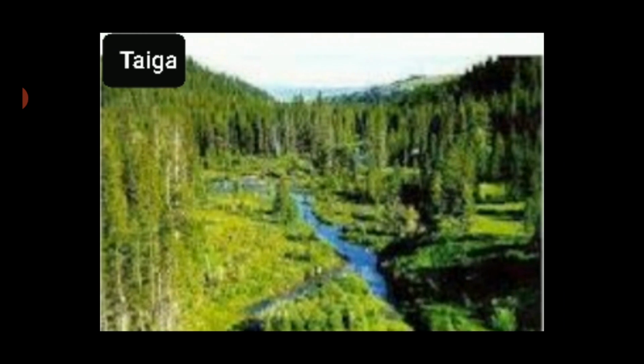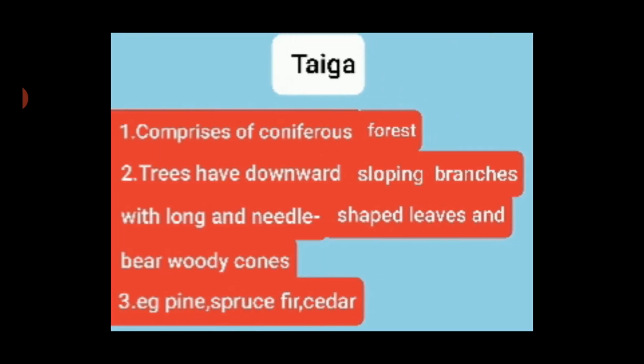Now let's see the second one, the taiga vegetation. This type of vegetation is found in the broad belt in the central part of Siberia, south of the tundra. It comprises coniferous forest, characterized by tall, conical and evergreen trees which are adapted to water-scarce conditions. The trees have downward sloping branches with long, needle-shaped leaves and bear hard cones.